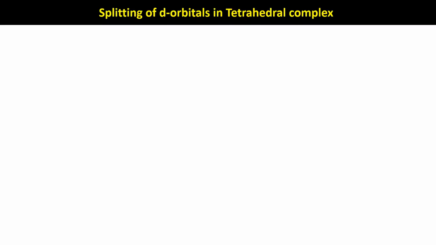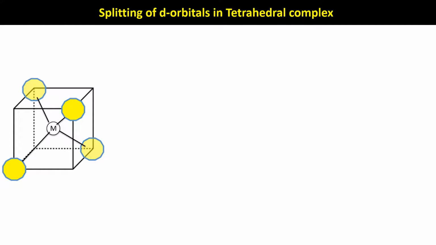Splitting of d orbitals in tetrahedral complex. A regular tetrahedron is related to a cube. The central metal of a tetrahedral complex is at the center of the cube, and the 4 ligands occupy alternate corners of the cube. These are x, y, and z axes pointing to the center of the faces of the cube.